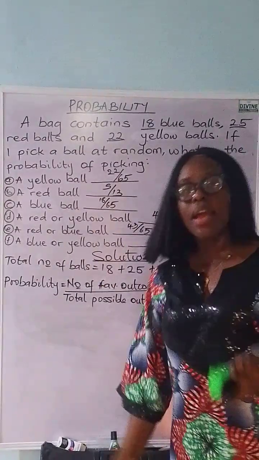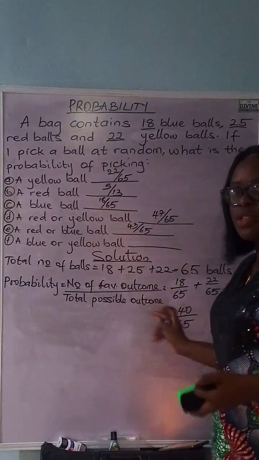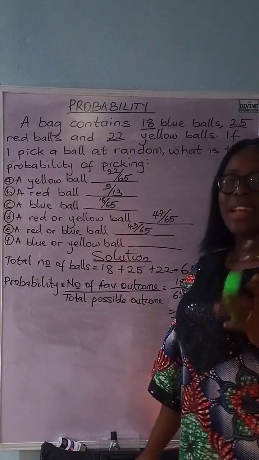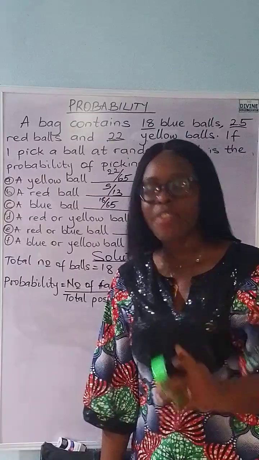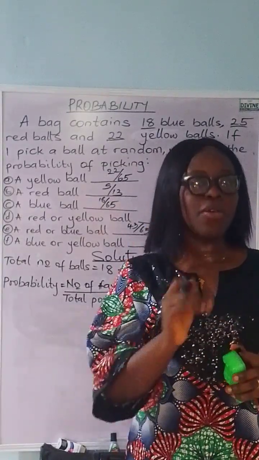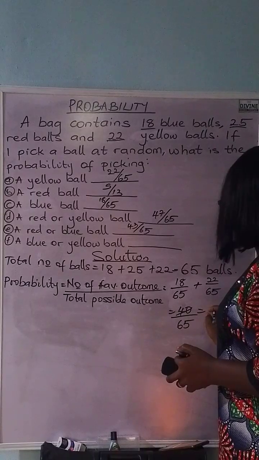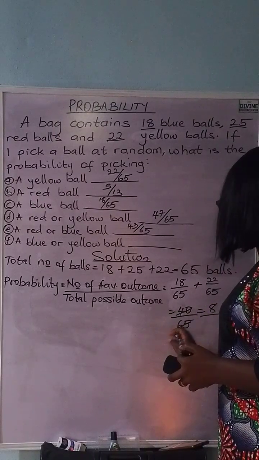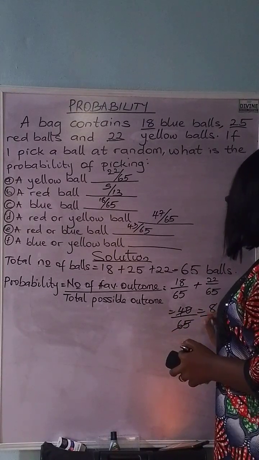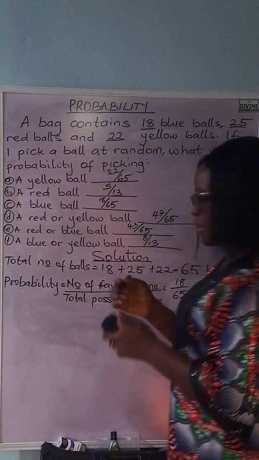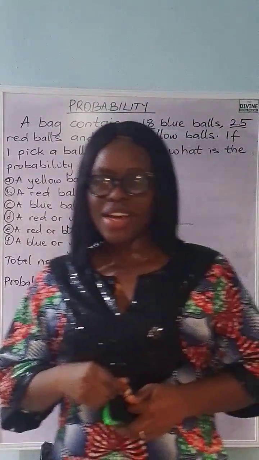We have to simplify our answer. What can divide these two numbers? This ends in 0, this ends in 5. That shows that 5 can divide, because 5 can divide any number that ends in 0 and 5. 5 here will give us 8, and 5 in 65 gives us 13. So our answer is 8 over 13. I hope you got that.